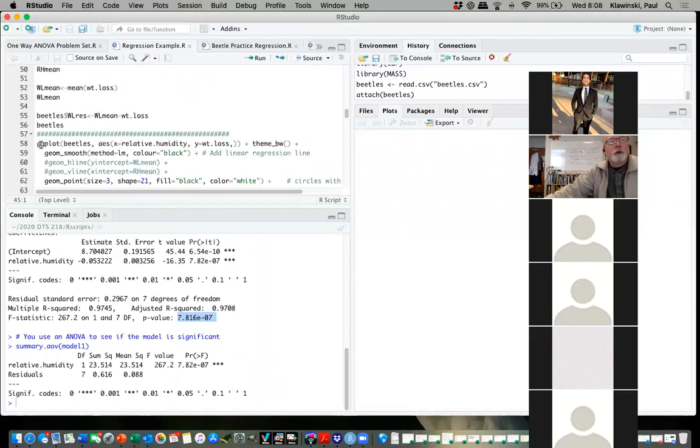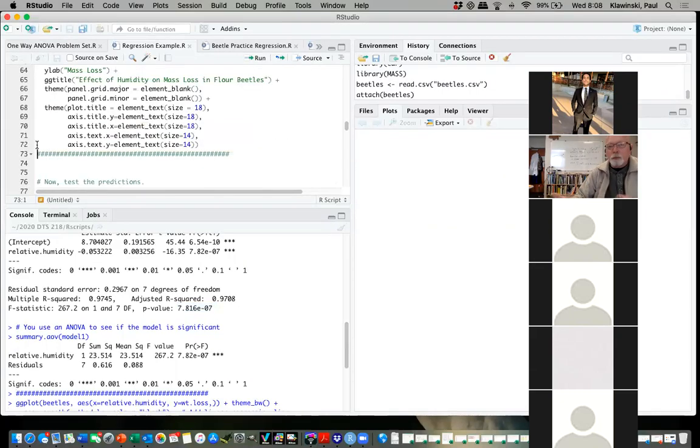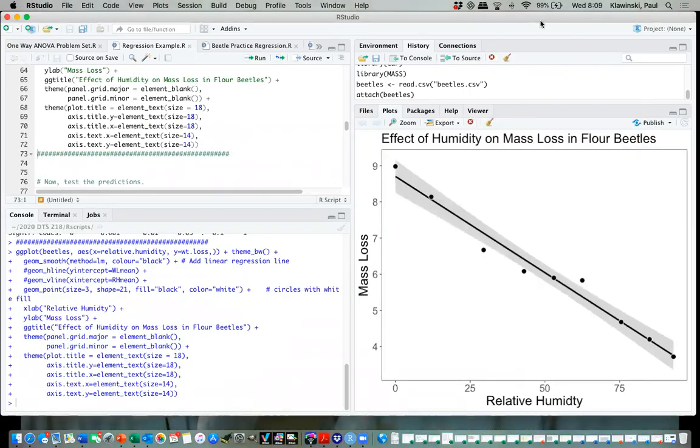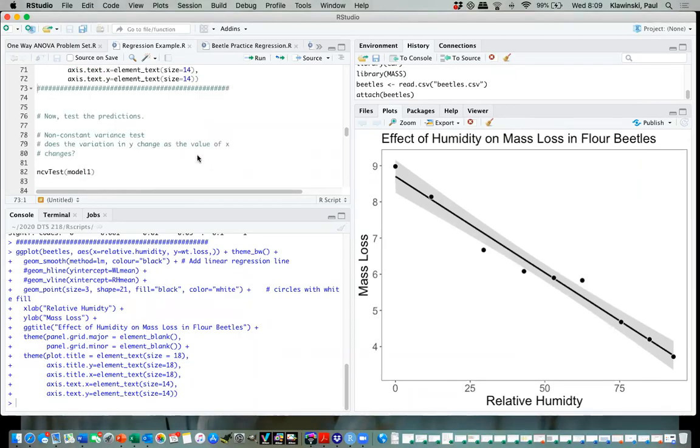We can go and look at the plot of this. The plot looks the way the plot always looks, which in this case has the line of best fit fitted through the points with a gray band indicating the 95% confidence interval of the slope around the line.